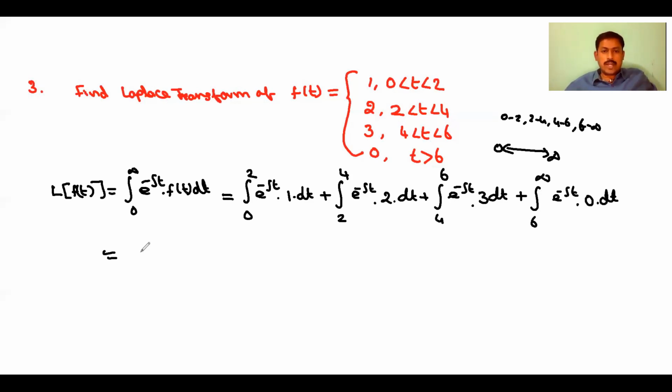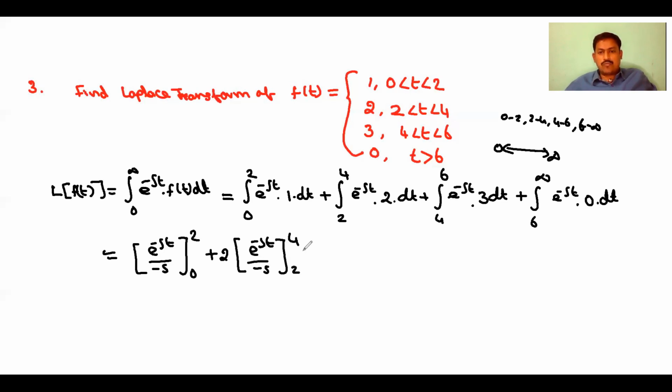Now we are going to integrate e power minus st; the integration is e power minus st by minus s, limit 0 to 2. Here 2 we will take out. If you integrate e power minus st, it is e power minus st by minus s, with limit 2 to 4. Similarly 3 we can take out, and the integral of e power minus st is e power minus st by minus s, the limit is 4 to 6. Here it is 0.